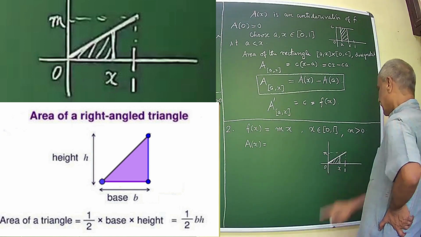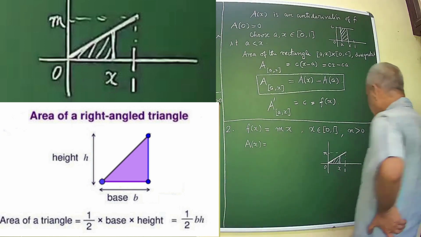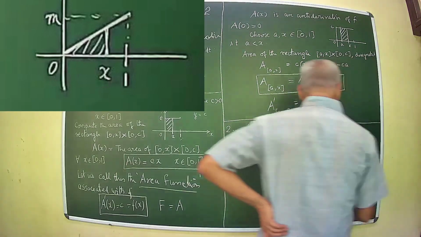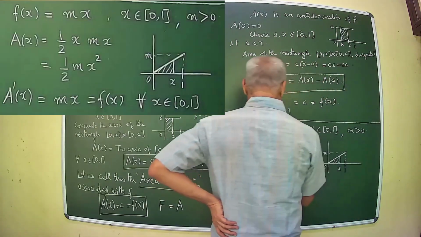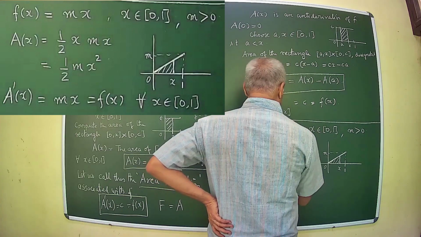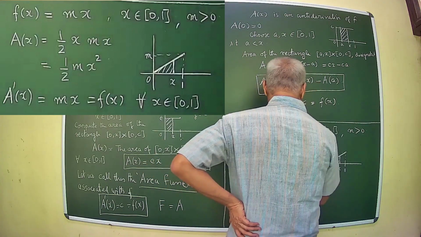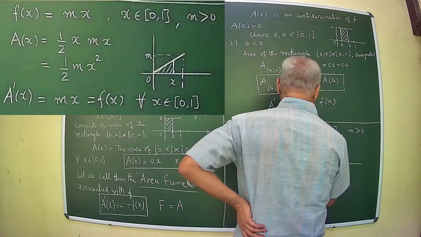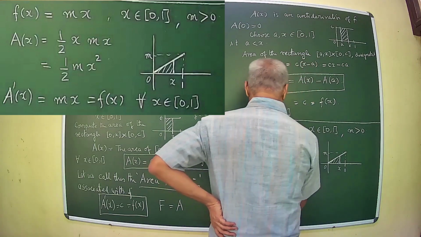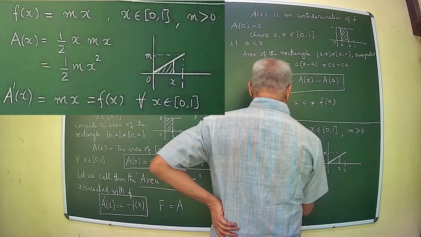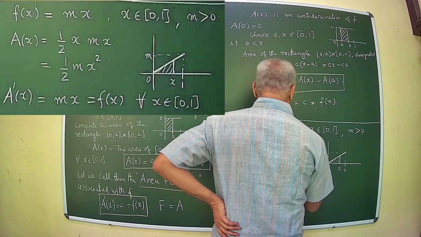Okay, so that's the triangle. A right angle triangle is quite easy to find the area of. This is equal to half of x into the altitude, which is mx.